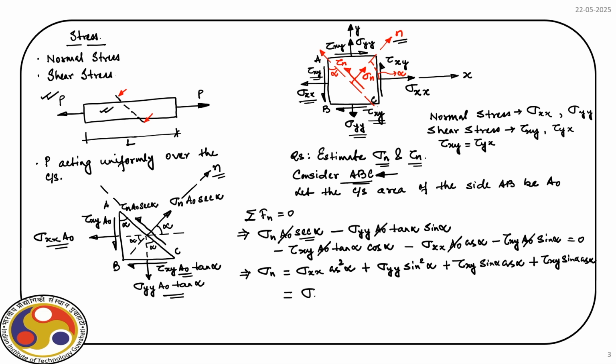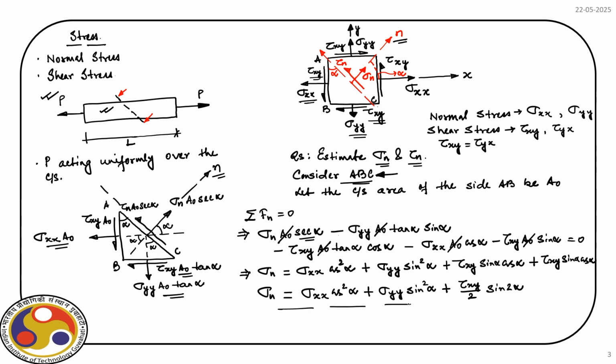We can simplify this. What we have, sigma xx cos square alpha plus sigma yy sine square alpha, plus we can take 2 here, because 2 sine alpha cos alpha is sine 2 alpha. So, tau xy by 2 sine 2 alpha. So, we get the first expression of sigma n, right.